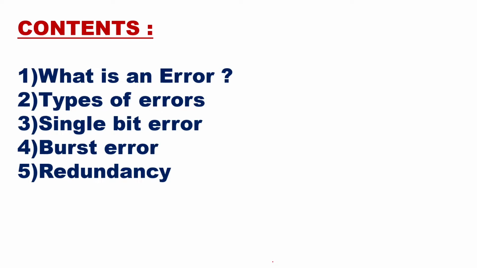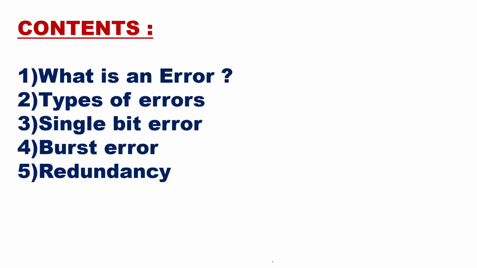As I've told you, an error is something you will detect, and after detection you can correct it at the receiver stage. But you have to make some arrangements at the transmitter so that you are able to detect it at the receiver. Now, error means what?